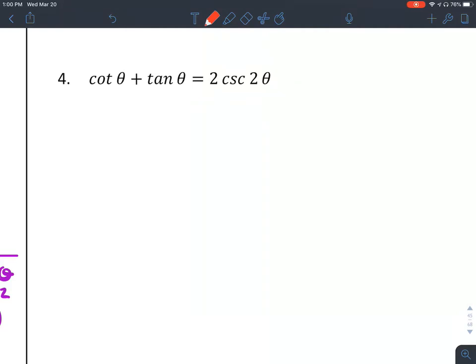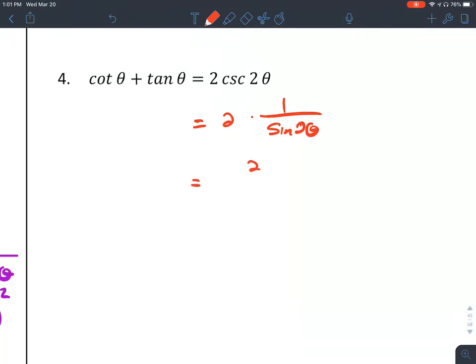Number 4. Interesting. Should I work with the left or the right here? The left side is pretty complicated. The right side is also pretty complicated. I'm going to do a little bit with the right first, just to show you what in the world this cosecant of 2 theta business is, because we don't have that double angle identity. What we do have, though, is that this is the reciprocal of sine of 2 theta.